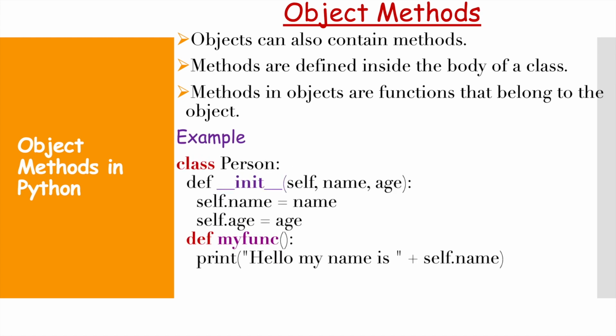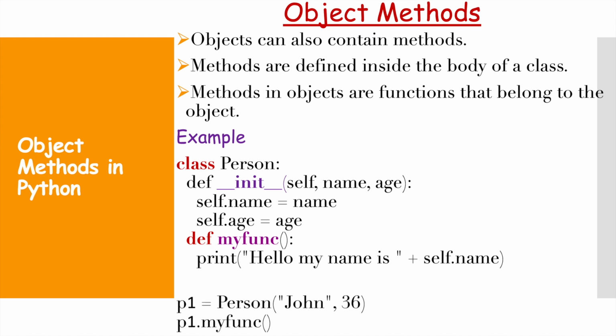Here you have class person, then you have your init method and it is taking two parameters, that is name and age, and initializing two variables of the class, that is self.name and self.age. And you have a method my function which is printing hello my name is, the self.name, that is a variable which you have passed in the init method.